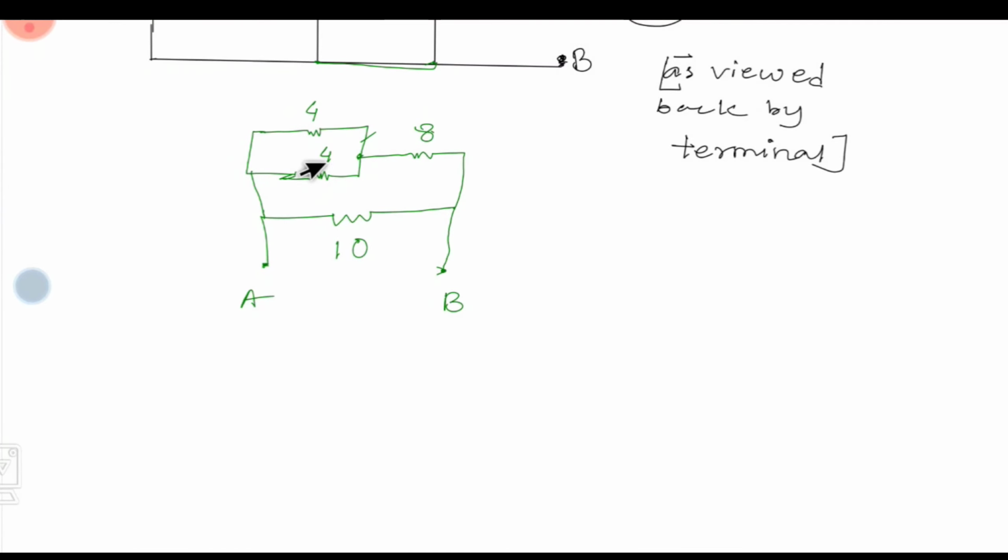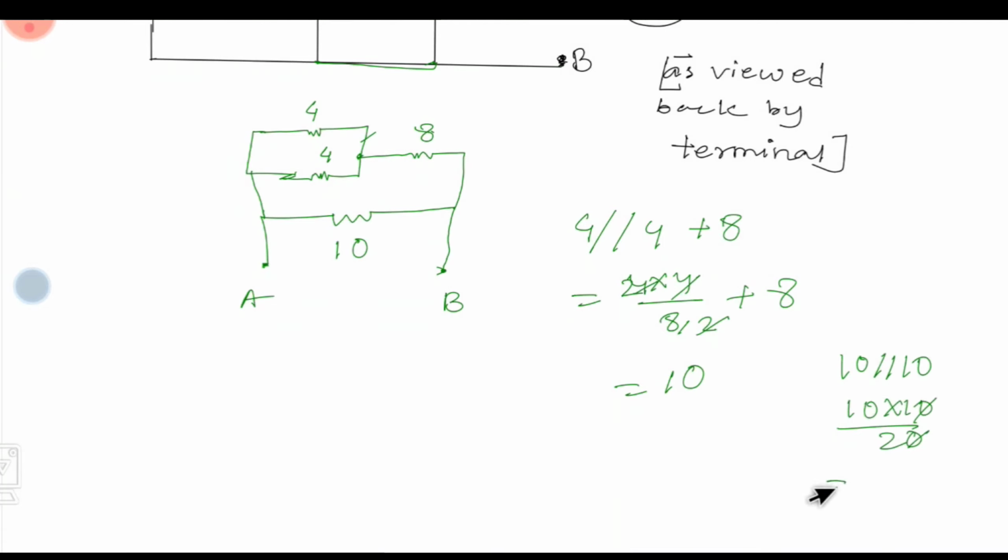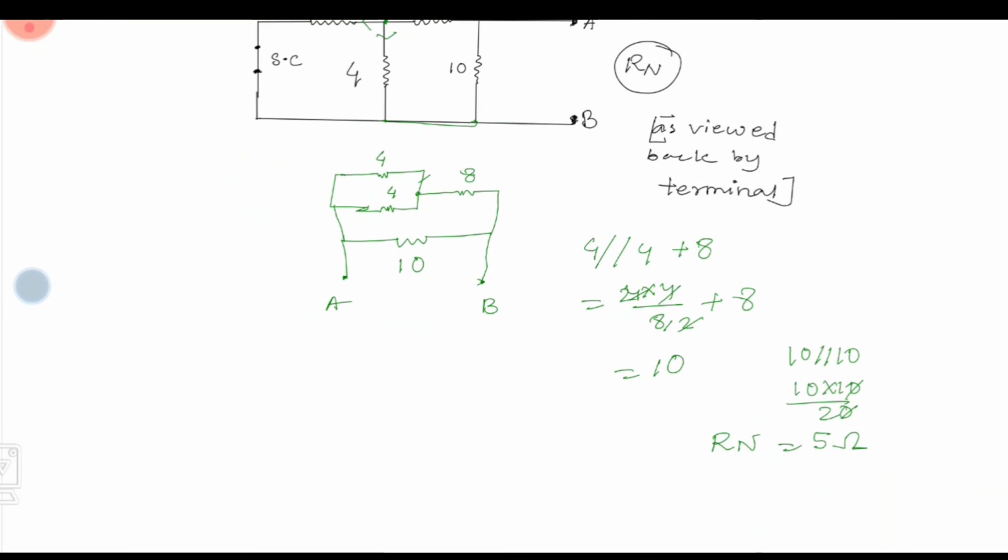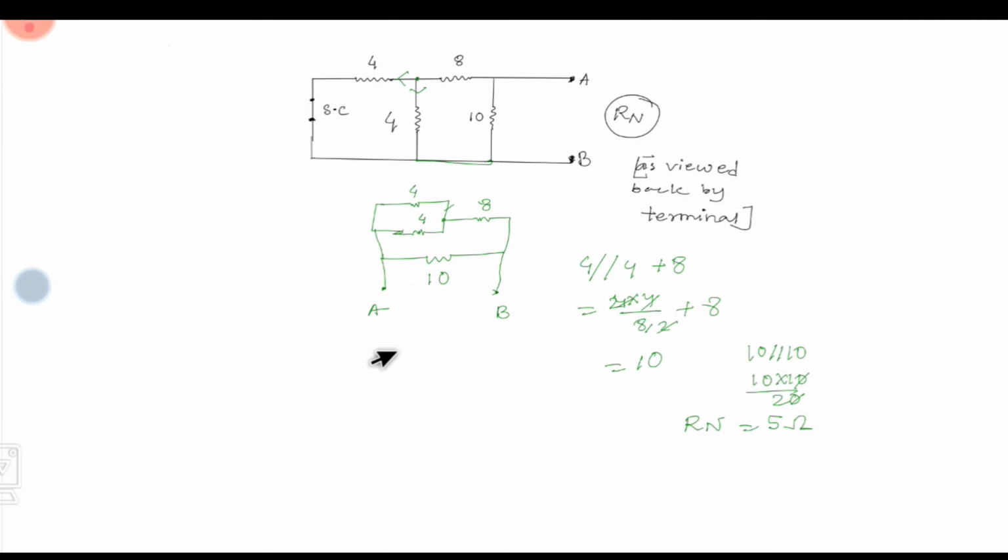Here 4 and 4 are in parallel, so the total resistance in this path would be 4 parallel 4 plus 8. This is 10, and 10 and 10 in parallel give 5 ohm. So this is our Norton's equivalent resistance. We have completed step number 3 to find Rn.